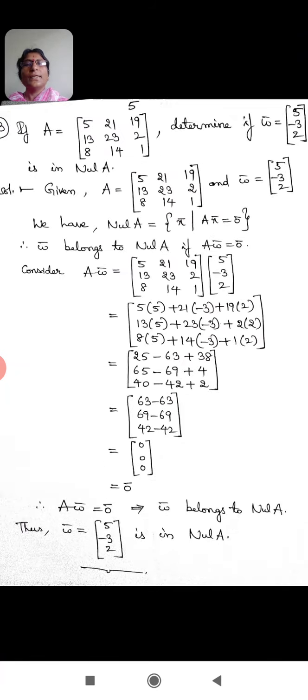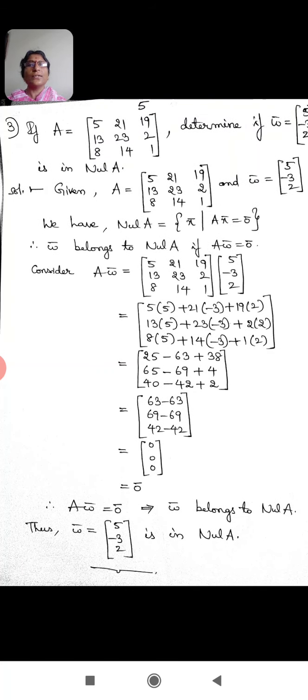For that we need the definition of Null A, and we know that Null A is the set of X bar such that AX bar is equal to 0 bar. So Null A is a set consisting of all those vectors X bar which satisfy the matrix equation AX bar is equal to 0 bar. Now we want to see whether W bar belongs to Null A or not.